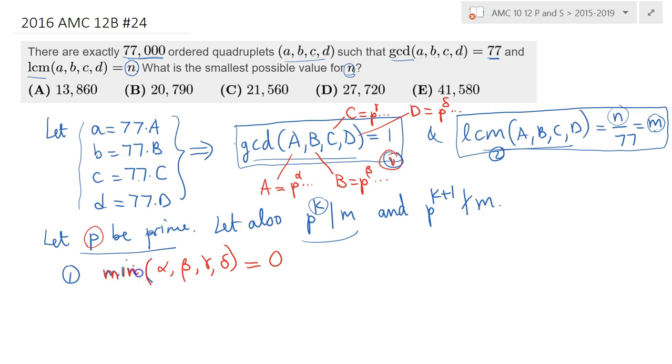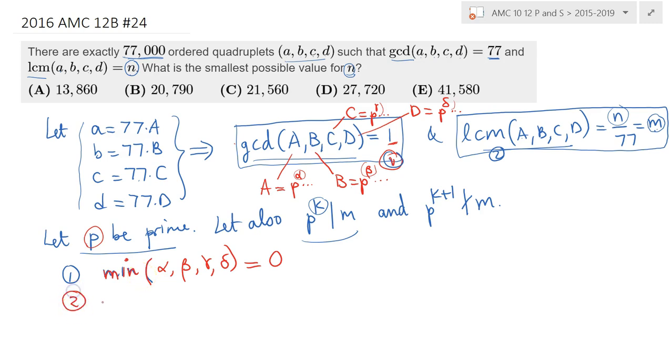Can you see why? You can pause the video, and at this moment you need to have a good idea why it must be 0. Indeed, it has to be 0, because if the minimum of alpha, beta, gamma, and delta is not 0, it means that all four of these numbers have at least one p in them, and that violates the condition that their greatest common divisor is 1. So the minimum has to be 0.